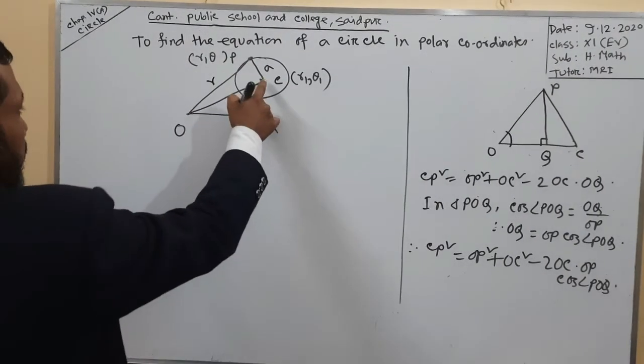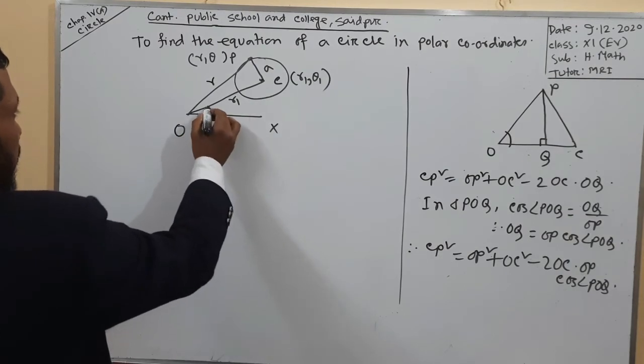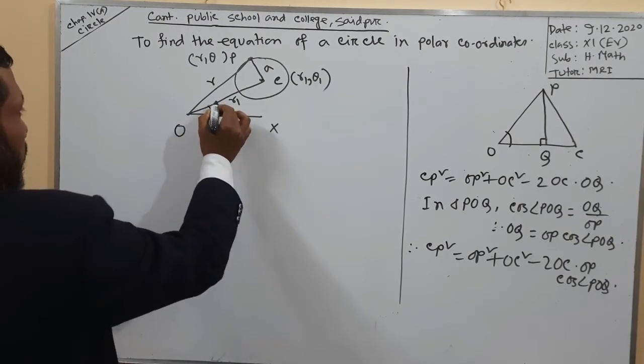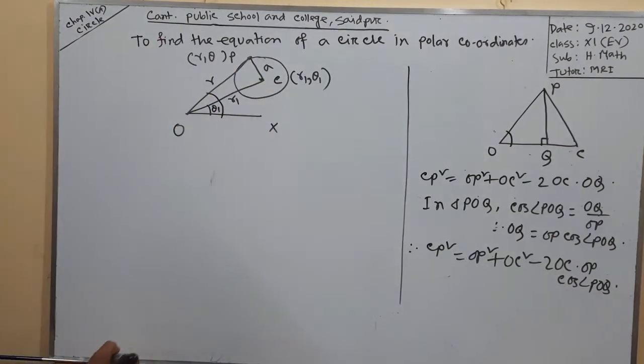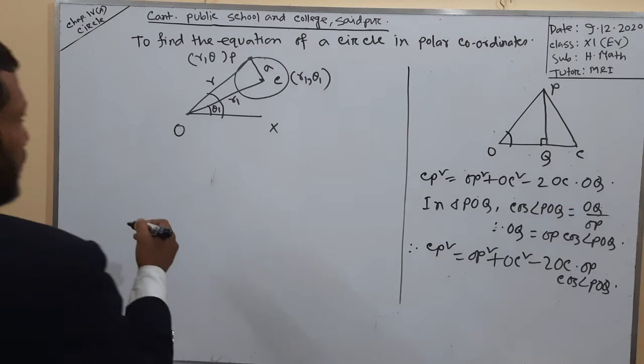Angle COX is theta 1 and angle POX is equal to theta.